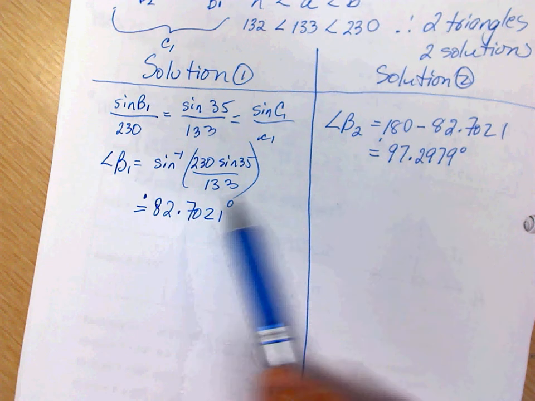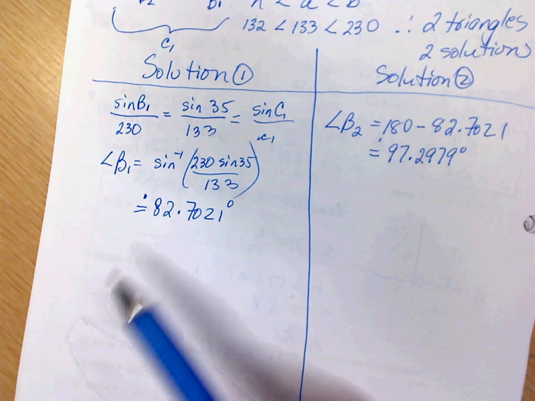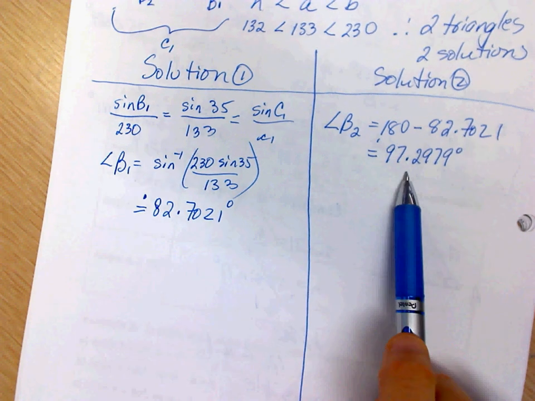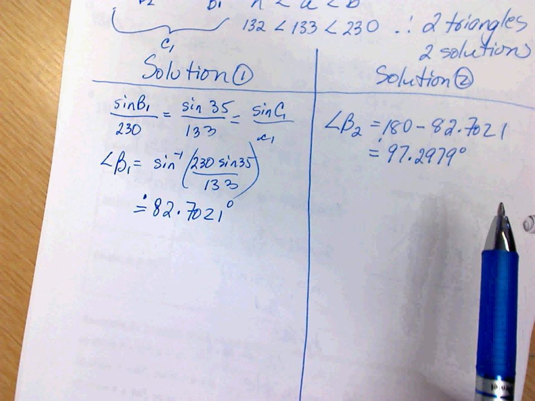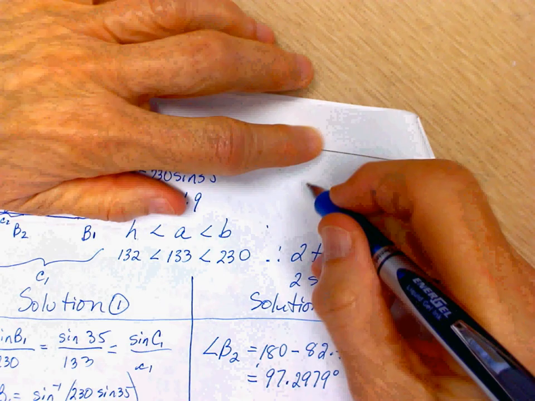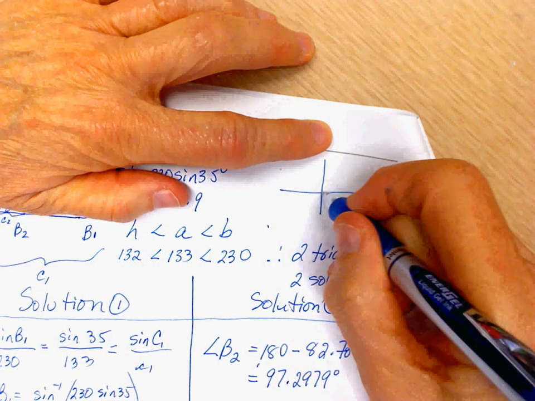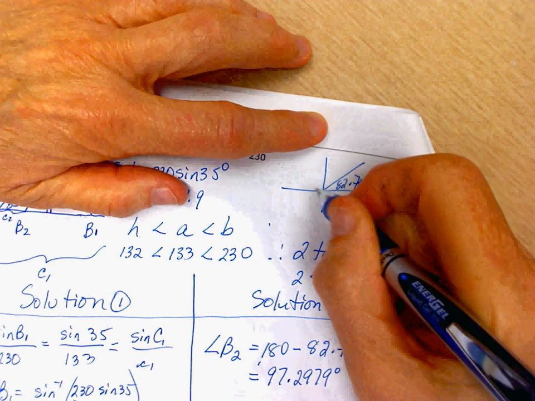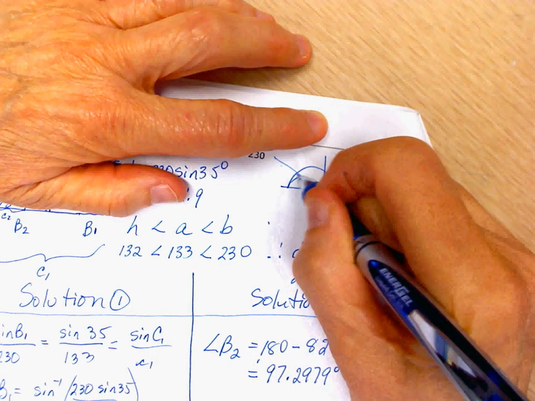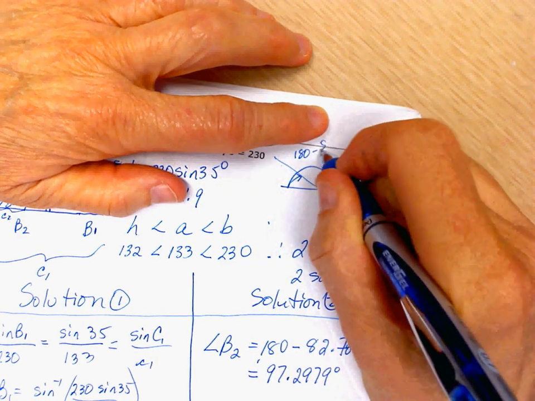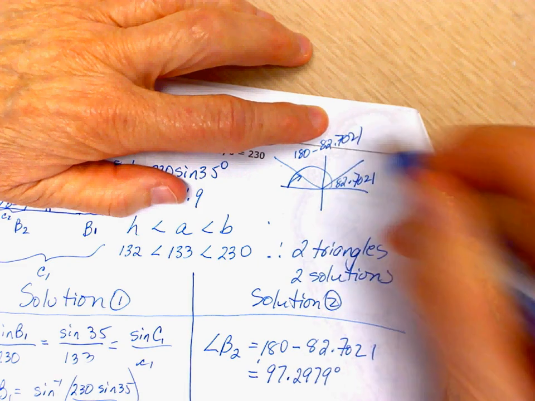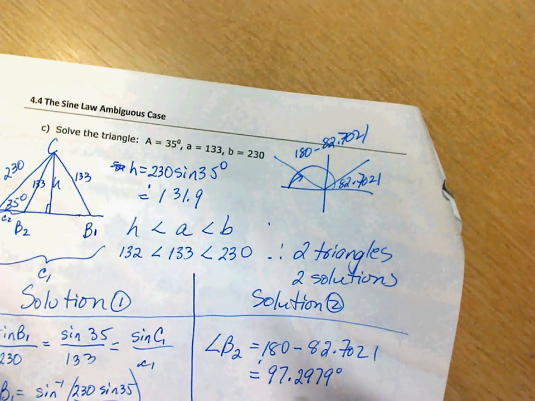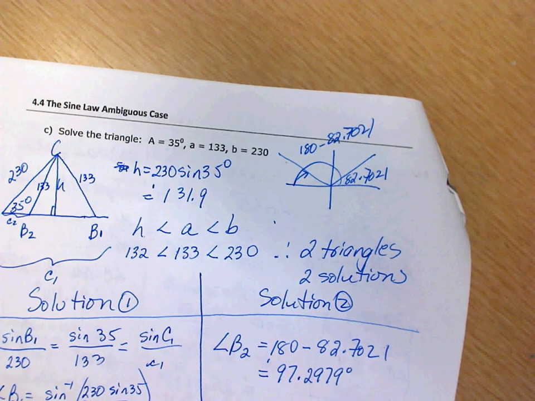If you were to calculate the sine of 82.7021 and the sine of 180 minus 82.7021, you would get the same answer. These two guys have the same trig ratio. That's why we have this ambiguity in our calculation. So you have to do two solutions.